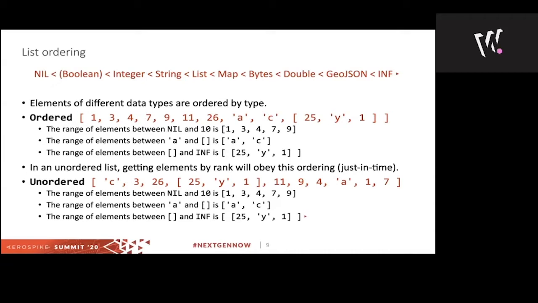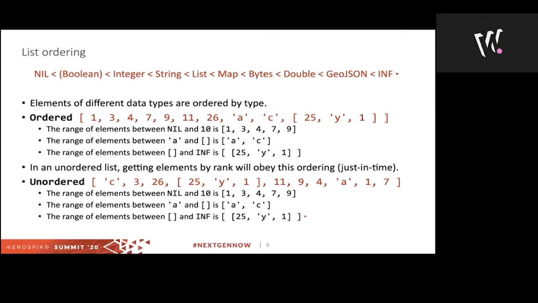The range of elements between A and an empty list is going to be, in this case, A and C, because you can see how list is to the right of string. The smallest list possible is the empty list.